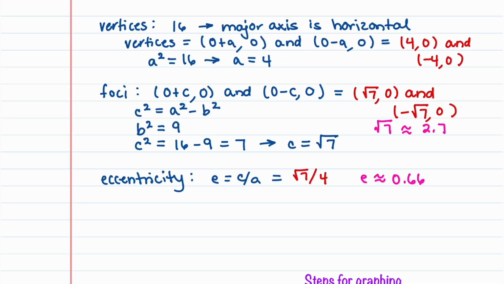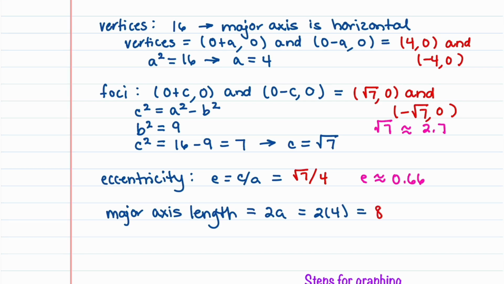Now let's go ahead and find the major axis length. That is equal to 2a. So this is just 2 times 4, which is equal to 8. This will be really helpful when we go to make our graph. Lastly, we need to find the minor axis length.